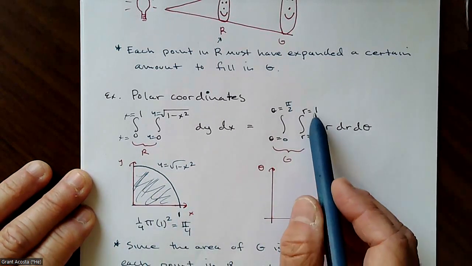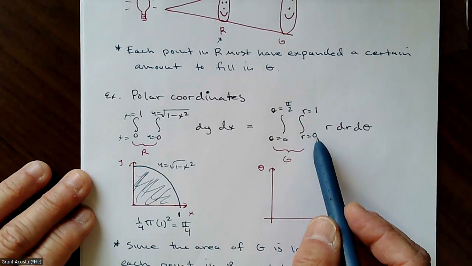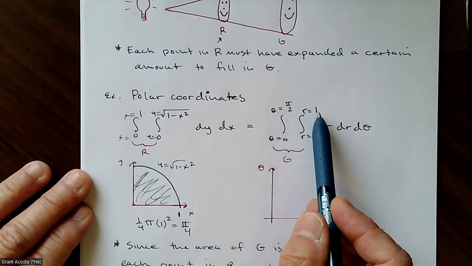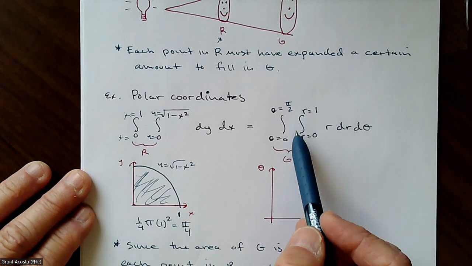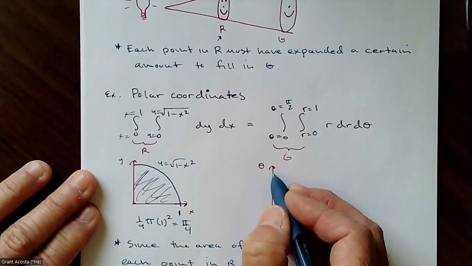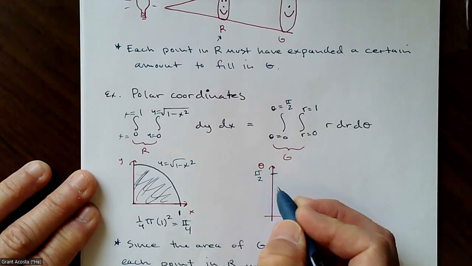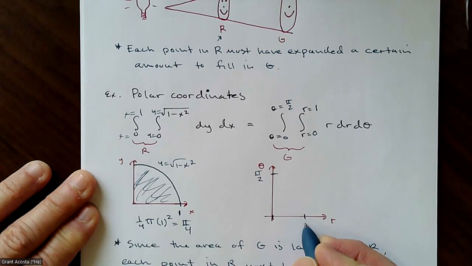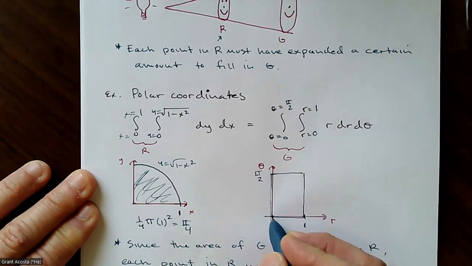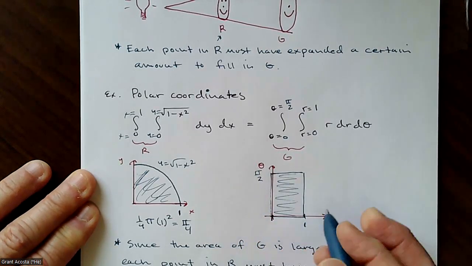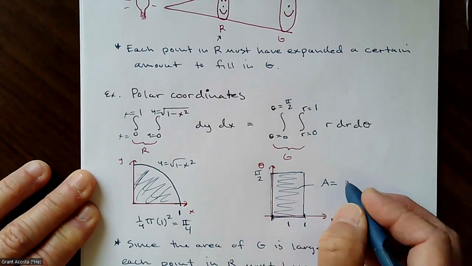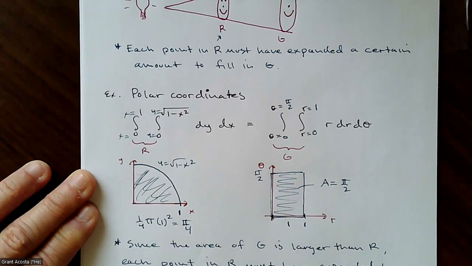If we just think of these as two variables, not knowing that r and theta actually represent angles and distances from the origin, another way to think of this is a rectangle. This could be thought of as a rectangle where theta goes from 0 to pi over 2, and r goes from 0 to 1. And if we think of it that way as a rectangle, then the area here is just 1 unit times pi over 2. It is pi over 2.